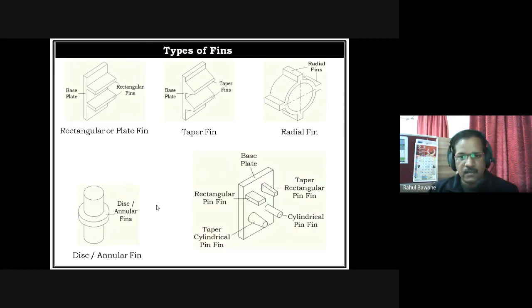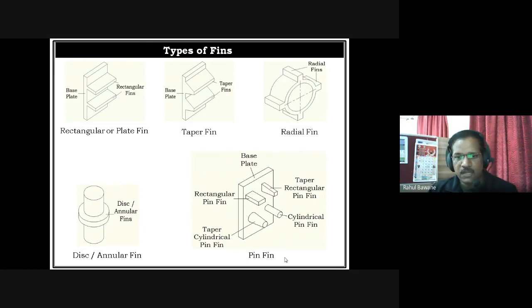And next is the pin fin. Why is it called a pin fin? Because it is simply a pin kind of extended surface. If you saw the previous types, fins attach to the base plate throughout its width, correct?